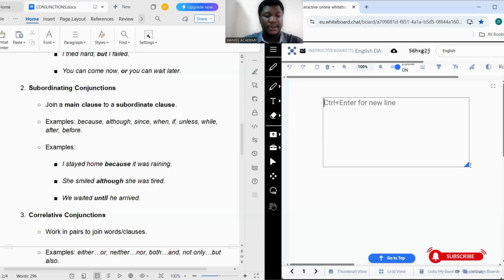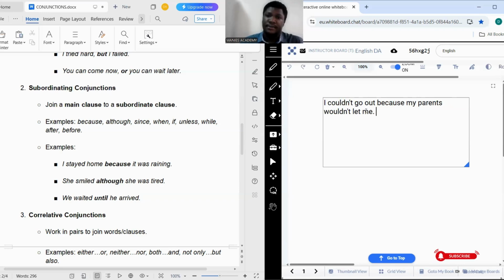So let's look at an example of joining a main clause and a subordinate clause. If we say, I couldn't go out because my parents wouldn't let me.